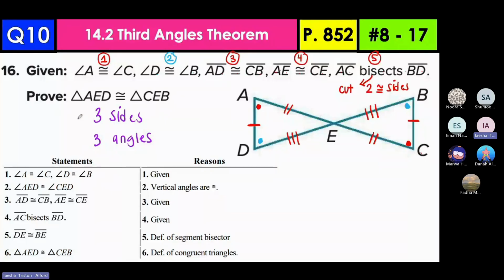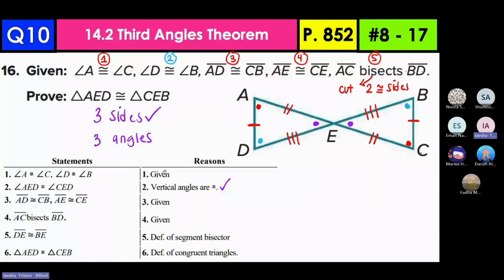Yes, in the picture we have 3 sides. Do we have 3 angles? Yes. Where is the third angle? Vertical. So this one and this one are vertical, so they put that in line number 2. Angle AED is congruent to angle CEB because they are vertical angles.